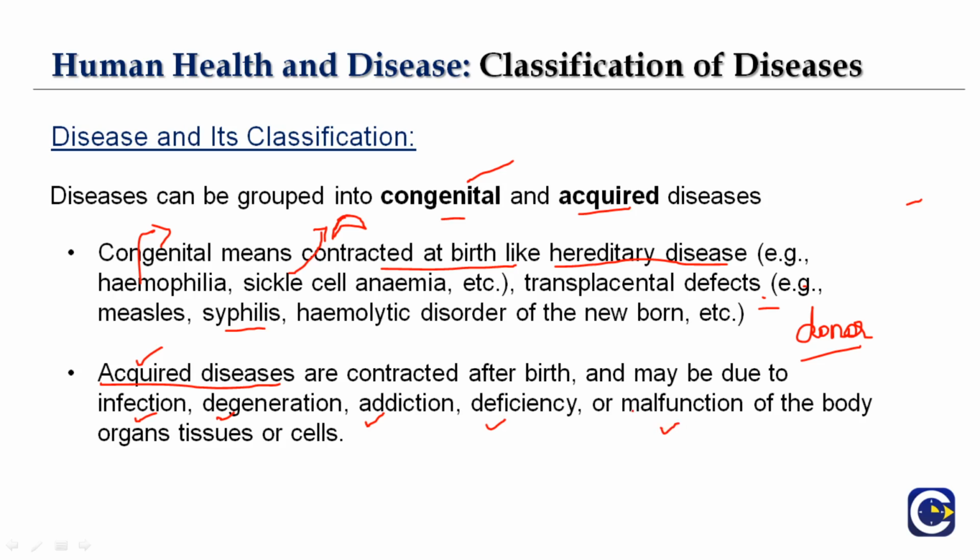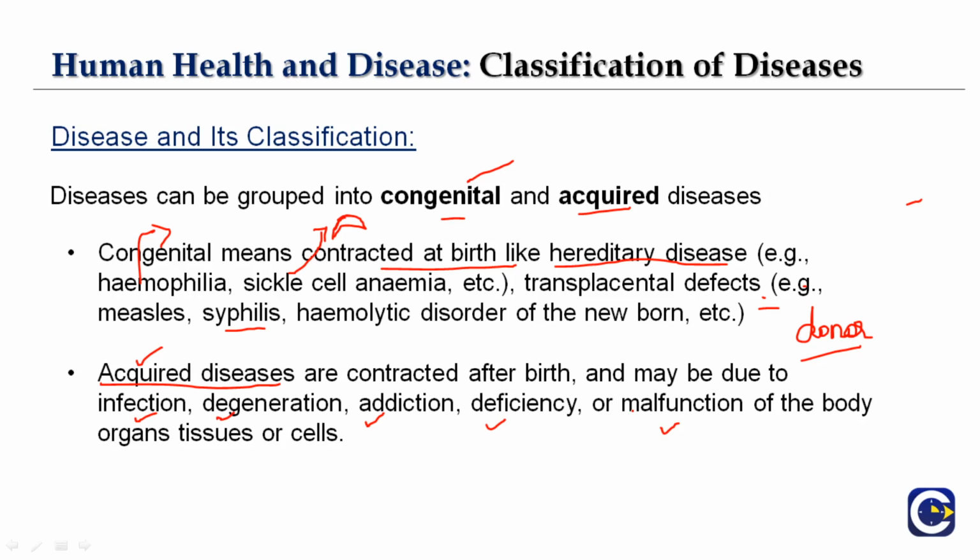To summarize, diseases are grouped into two categories, congenital and acquired. Congenital is contracted at birth, and apart from that you also have transplantal defects, where a donor has a problem with their body and it is not monitored, so the recipient can take on the disease from the donor during transplantation.